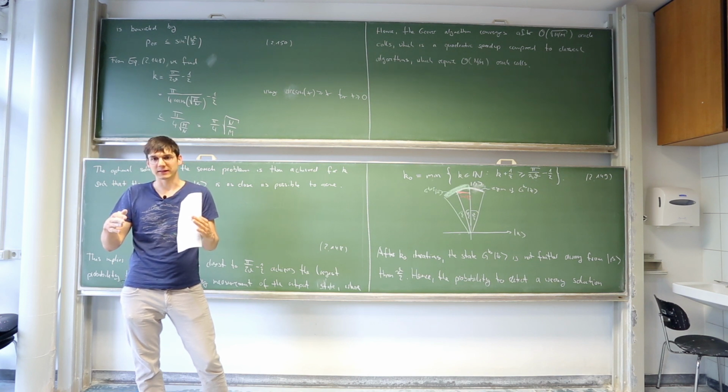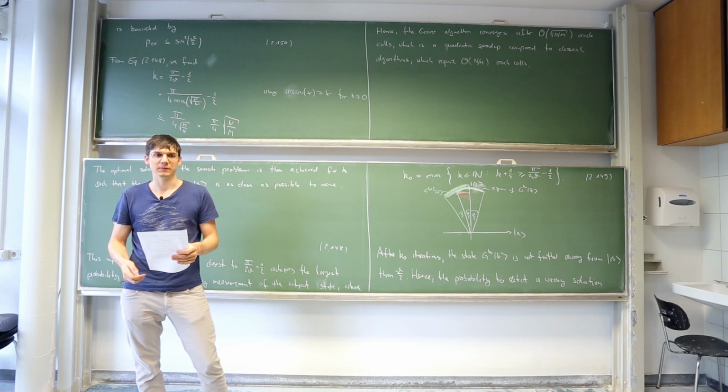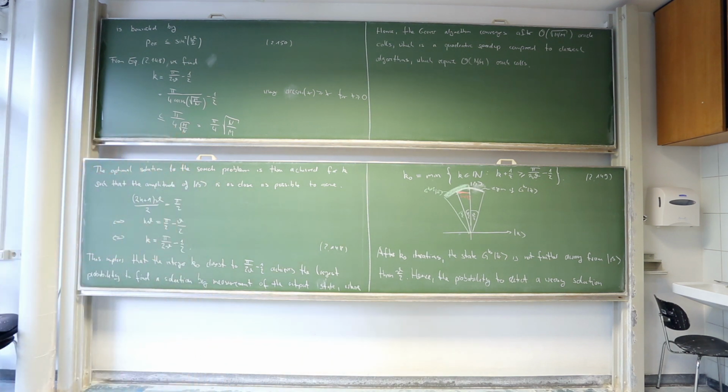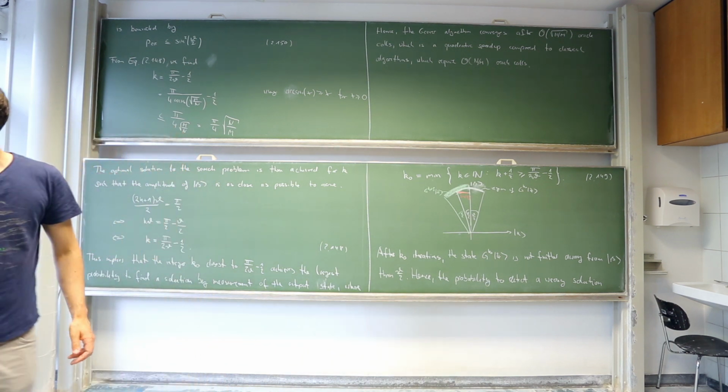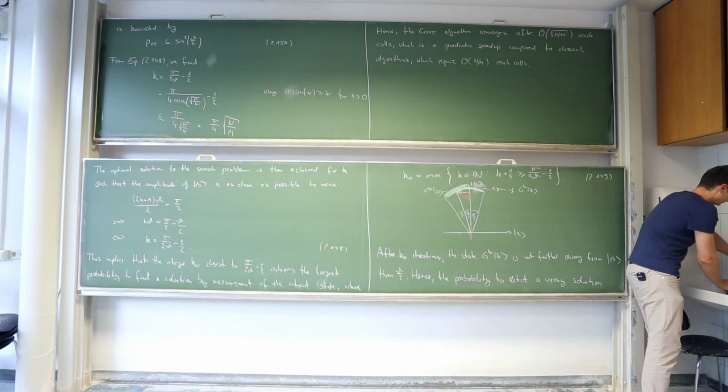With the Hamiltonian we find a unitary by the time evolution, and then we ask, okay, how long do we have to apply this Hamiltonian such that we get the corresponding unitary and find a solution with certainty. Okay, this is just an additional add-on to this topic of the Grover algorithm.